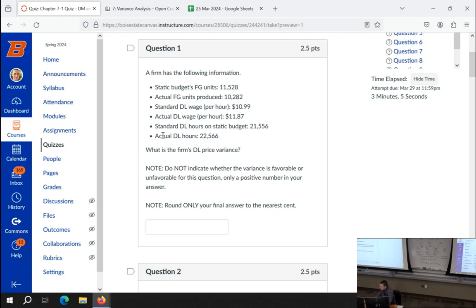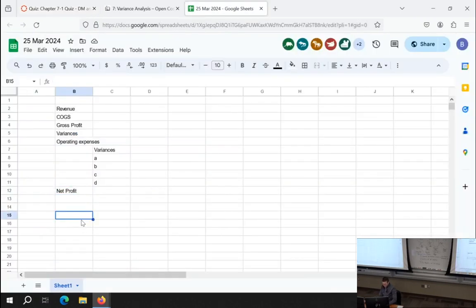All right, so we need to know actual quantity, and I just happened to go over it. We're talking about direct labor, so actual direct labor hours. Then actual quantity is the number of hours people spend. Looks like we spent 22,566. All right, so this is our DL price variance open answer question, and AQ is 22,566.